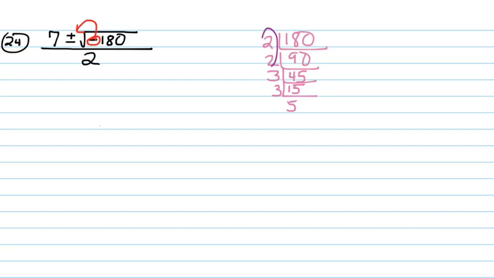So I have a set of 2's plus a set of 3's that can come out, and a 5 that is left behind. So I have 7 plus or minus 2 times 3 is 6i on the square root of 5, all divided by 2. Well, the 7, the 6, and the 2 can't reduce, so I'm done.